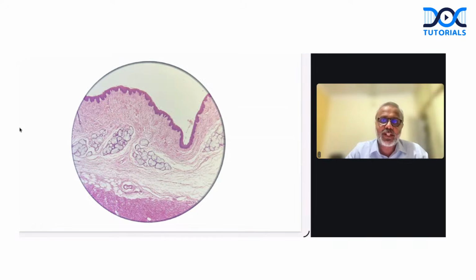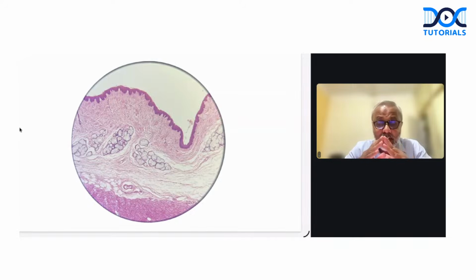Then comes the question, explain the histology or microscopic structure of the esophagus. So let's try and learn how to explain the structure of esophagus in exams. This is the slide of esophagus, which is the proximal part of the digestive tract.